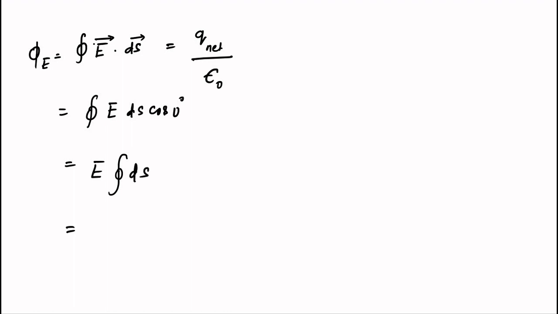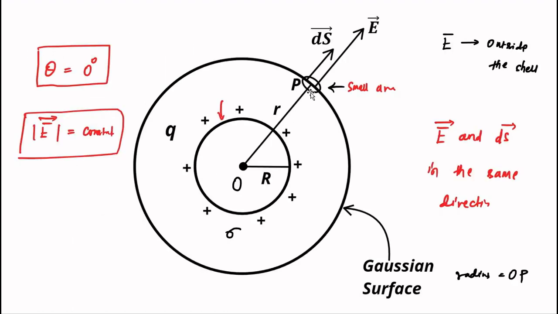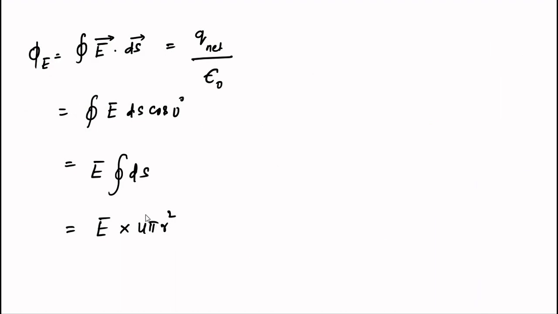Now the surface area of a sphere is 4 pi small r square, because here we have to determine the electric field intensity at this point P, which is at a distance r from the center O. So this is a spherical Gaussian surface of radius r. The total surface area of the sphere, this is a three-dimensional thing, so the flux is equal to E into 4 pi r square.